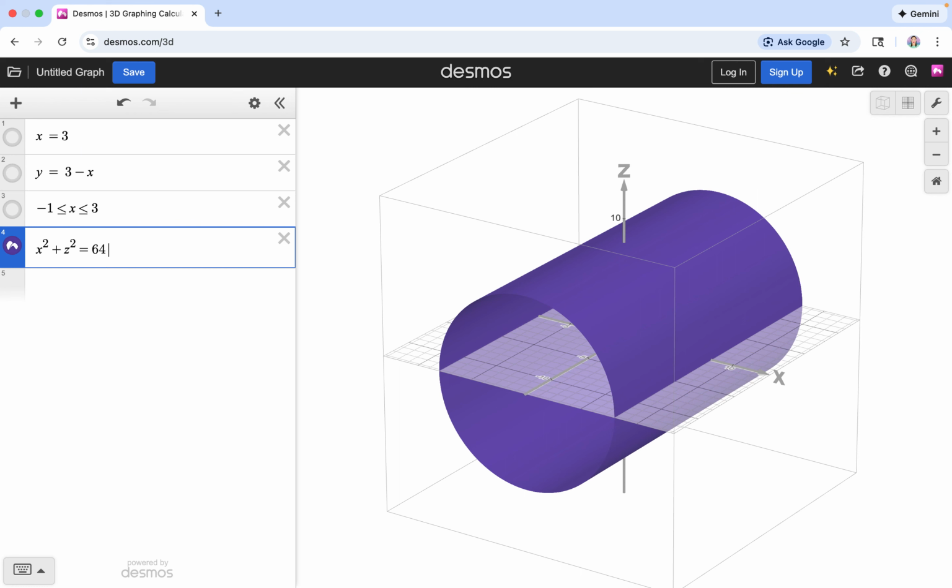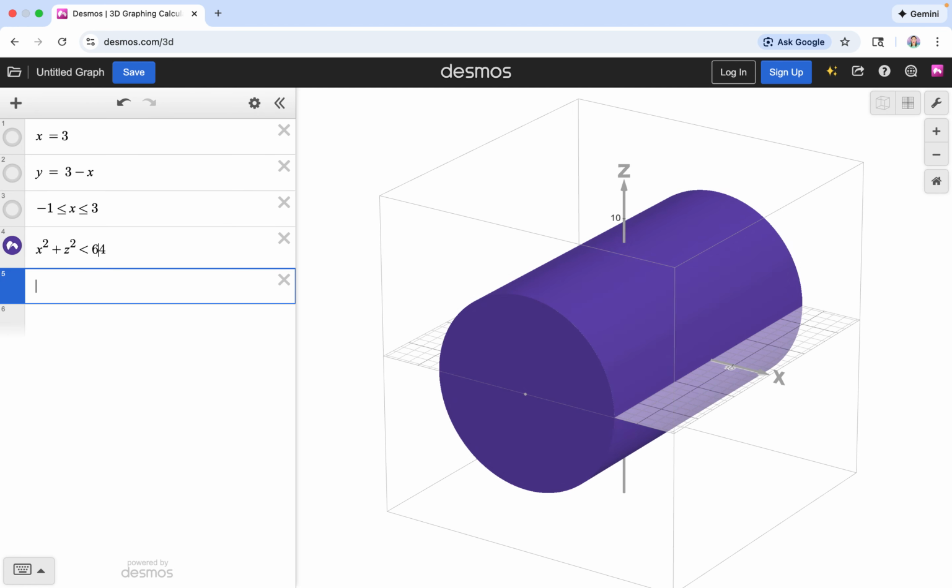Now, if I have exactly equal to 64, it'll be a cylinder centered at x equal to 0, z equal to 0, and then y is free. And if I replace the equal sign with less than, it's the interior, okay?